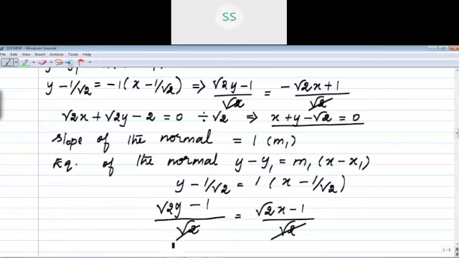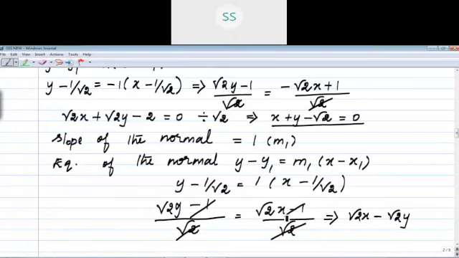In between the equal sign, the denominators are same, so you cancel. Which implies you shift root 2y to the opposite side, right? Root 2x minus root 2y. Here one thing you have to listen to: minus 1, both have the same sign, same coefficient, on either side of the equal sign.